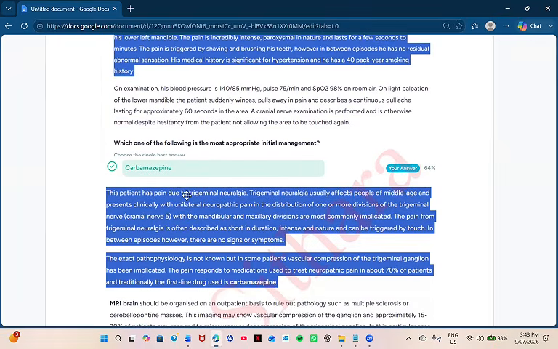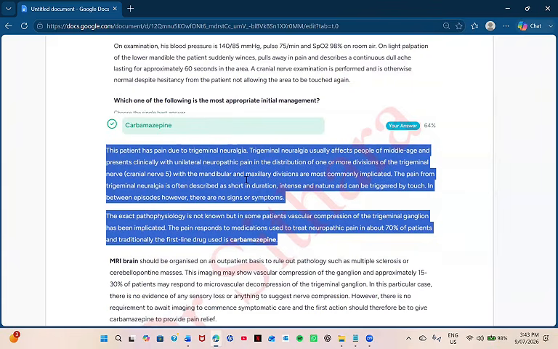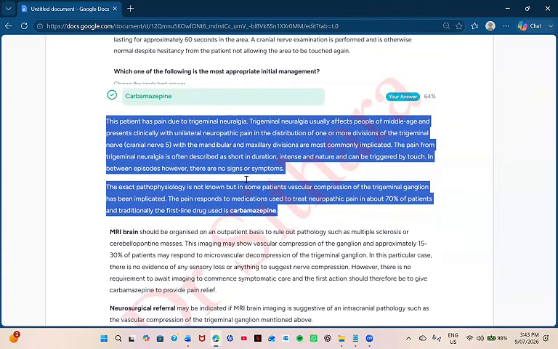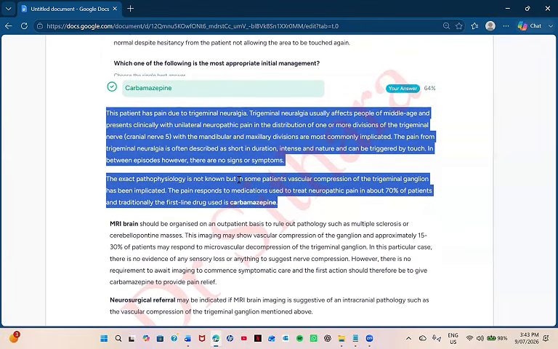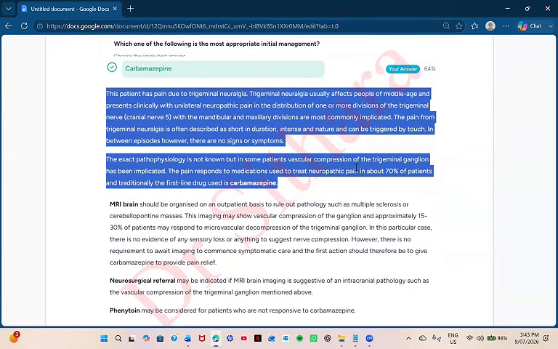So they're asking which is the most appropriate. Carbamazepine, very important, okay? The patient has trigeminal neuralgia, as the clinical scenario explains. The exact pathophysiology is not known, but vascular compression of the trigeminal ganglion has been implicated.